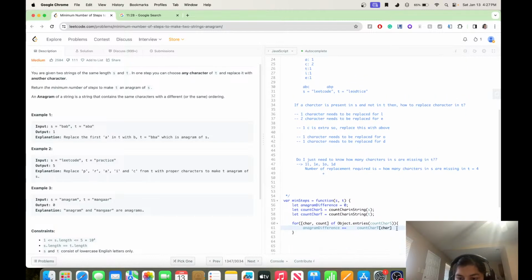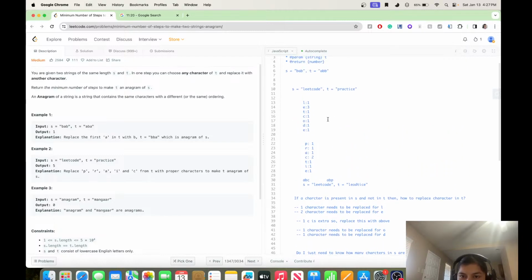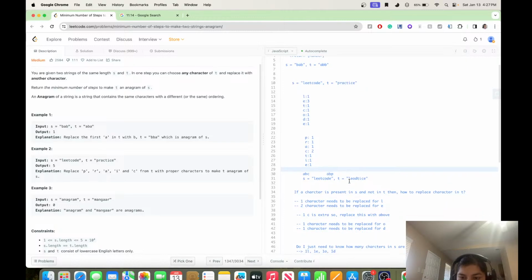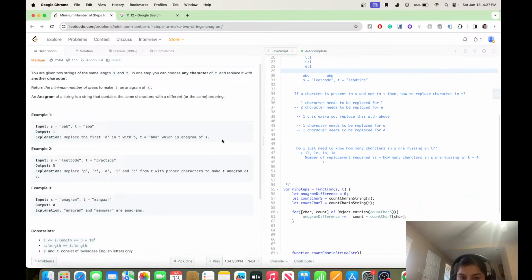So T will be undefined. So it will be like count minus count character, right? So 1 minus 0 will be 1, and 3 minus 1 will be 2, like that. I think if it is undefined, then it will be 0. And at last return anagram difference, I guess.